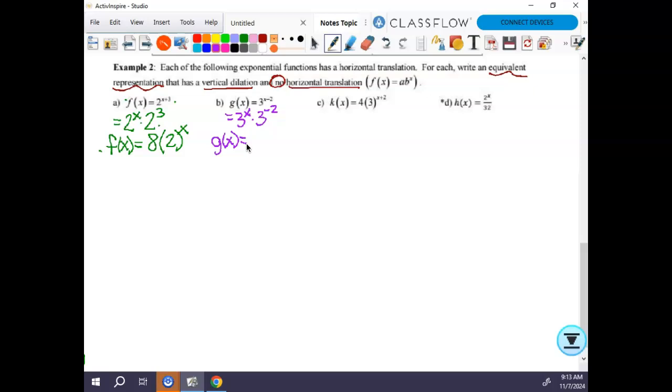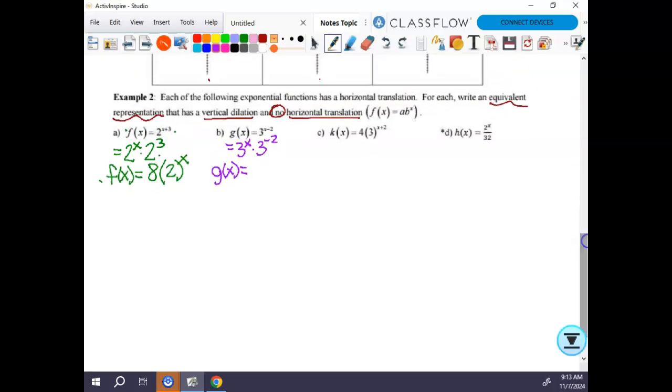And if you're not sure why, 3 to the negative 2 is the same as writing 1 over 3 squared, which is 1/9. Okay? So I have 1/9 times 3 to the x power. And yes, ma'am.